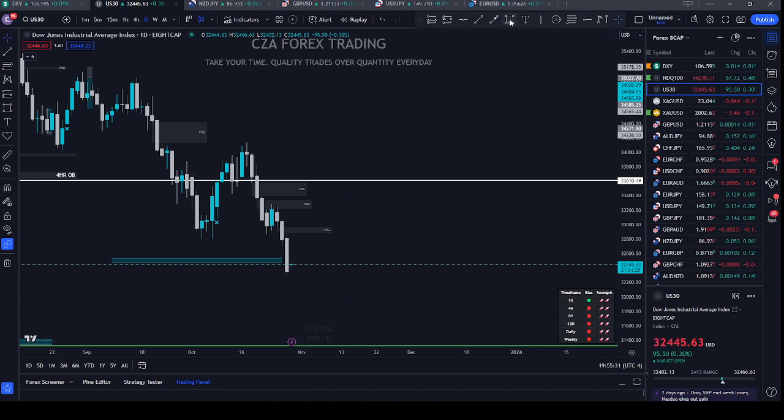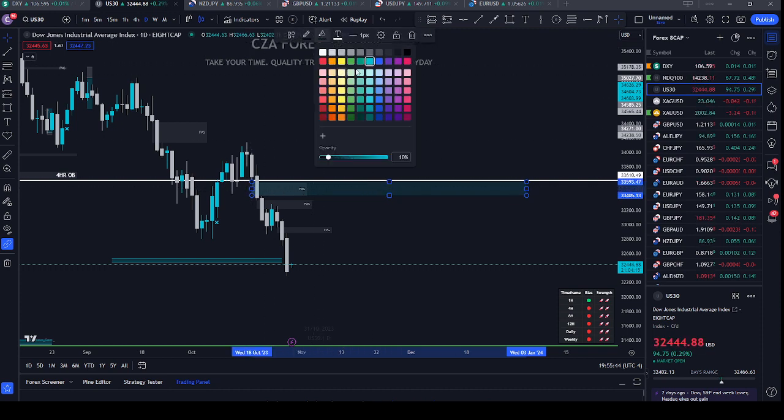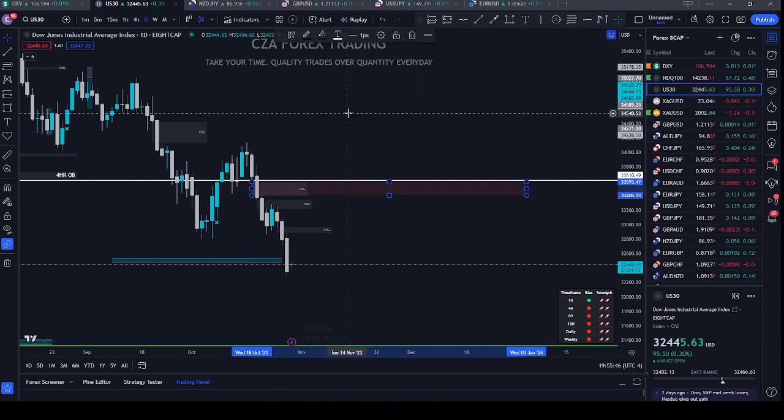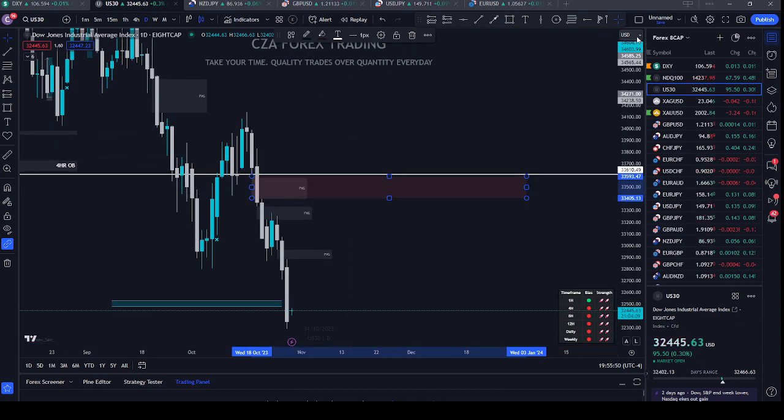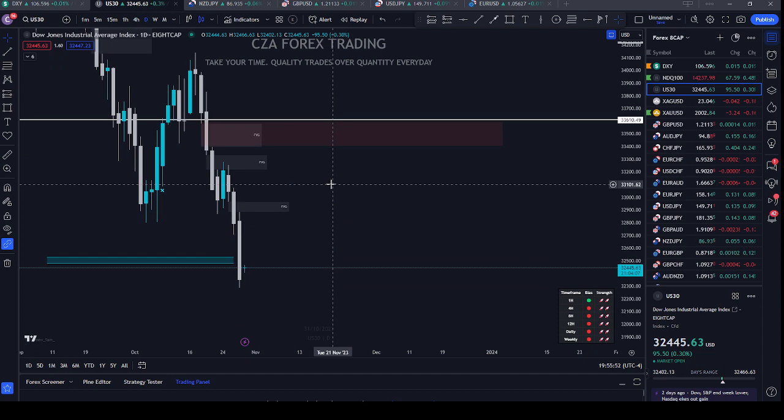The thing about US 30 is it always comes back. It does forward retracements. That's why I like it, because it will go up, it will do X amount, and it will do the same X amount back down, bro. That's why I fuck with US 30. Nas got me the other day. You can long and short in one day, both moves. You can catch the manipulation and the distribution.